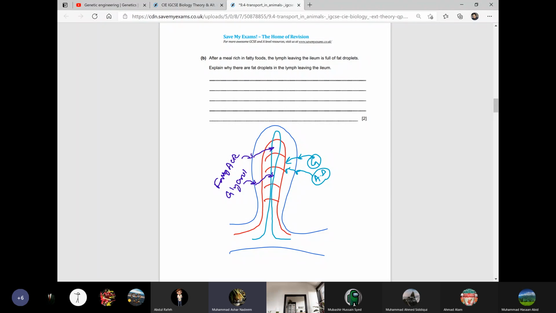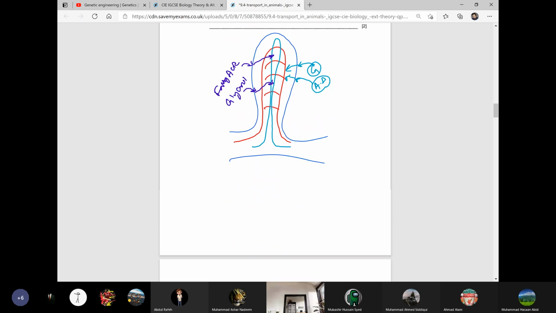Yes, sir. All right, boys. So remember that the fatty acids and glycerols are absorbed into the lacteals, so the lymph vessels leaving the ileum will be high in fat droplets.